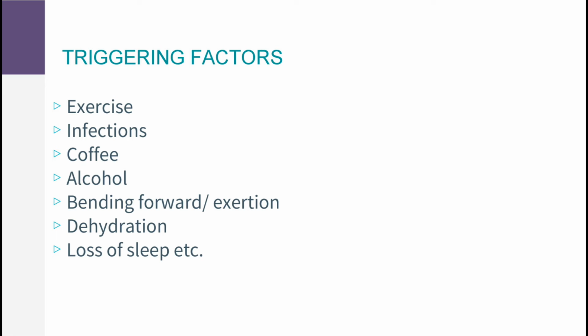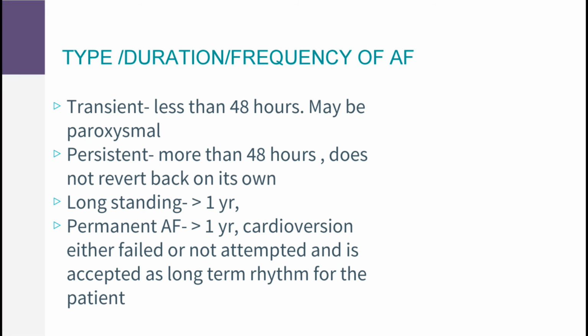In those patients who are symptomatic, identifying and addressing the triggering factors can reduce anxiety, build up a strong doctor-patient relationship, help in reducing frequency of the attacks, and lower the risk factor for stroke. The triggering factors could be exercise, infections, coffee, alcohol, exertion, dehydration, or loss of sleep.